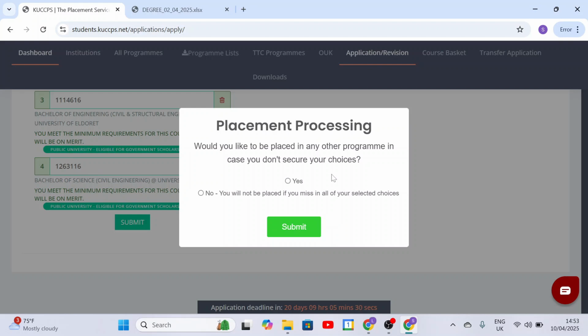If I say no, then it means you will not be placed if you miss in all of your selected choices. That means I will be notified and asked to do a fast application. Maybe the only advantage of yes is that the system might try to choose a course for you, but how that will be done is the question.